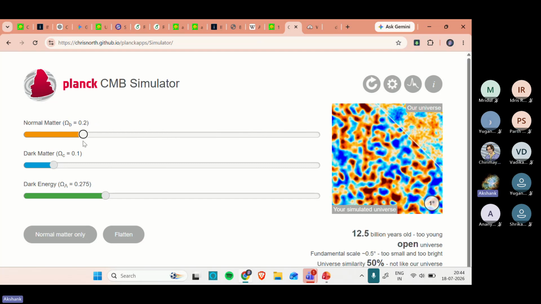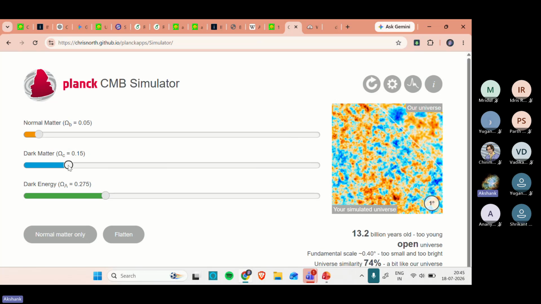Yeah, it is around 4 to 5%, so 0.05. Then dark matter was around 28%. 27, yeah, let's keep it there. And then the rest of it is dark energy, so around 68%.